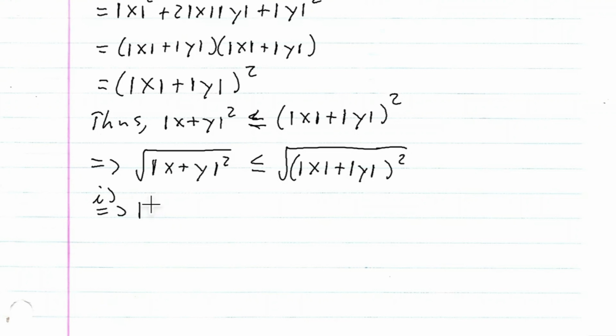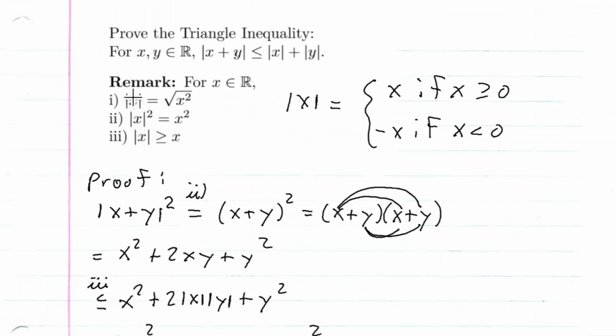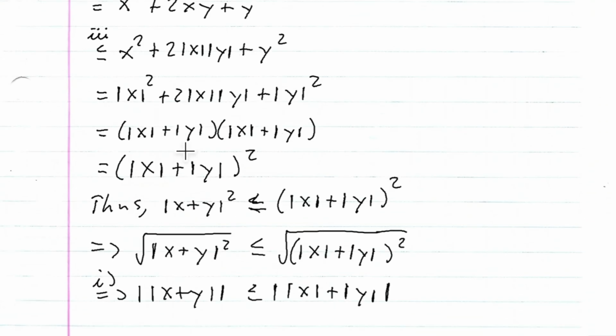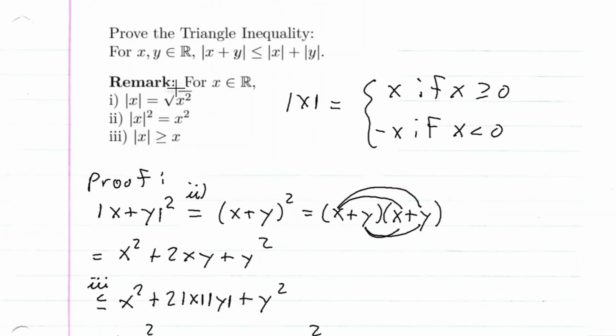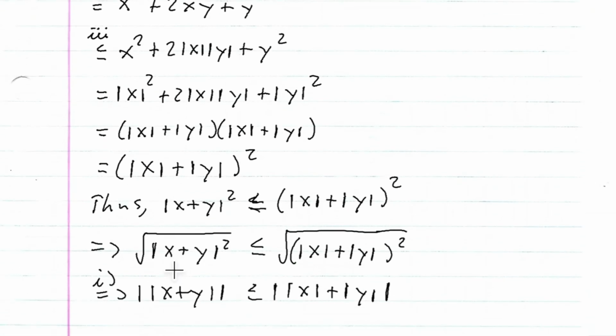So from number 1, this implies that the absolute value of the absolute value of x plus y is less than or equal to the absolute value of the absolute value of x plus the absolute value of y. Notice in number 1, the absolute value of x is equal to the square root of x squared. So in this case, we had the square root of something squared, which is the absolute value of that thing. And now we're going to use the definition of absolute value.